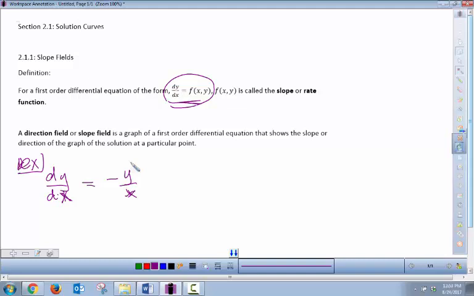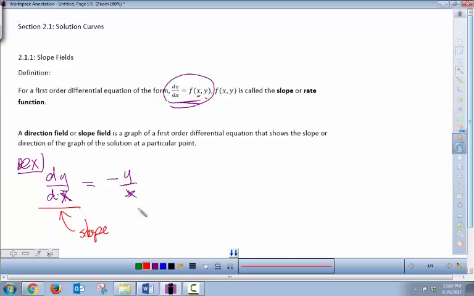If you can somehow write your differential equation with dy/dx on one side, you can essentially find a slope field. Remember, this is the slope, or the derivative, or the rate of change, whatever you want to call it. Geometrically, we can look at that as a slope, and the slope is dependent on x and y. Whereas before, in Calc 1, when we took derivatives, they were all functions of x only. But here, it's a combination of x and y.